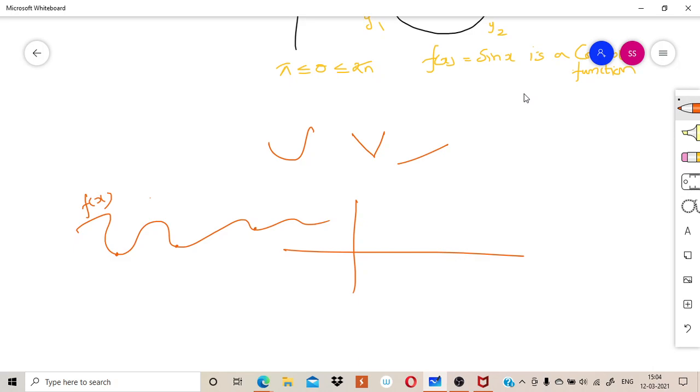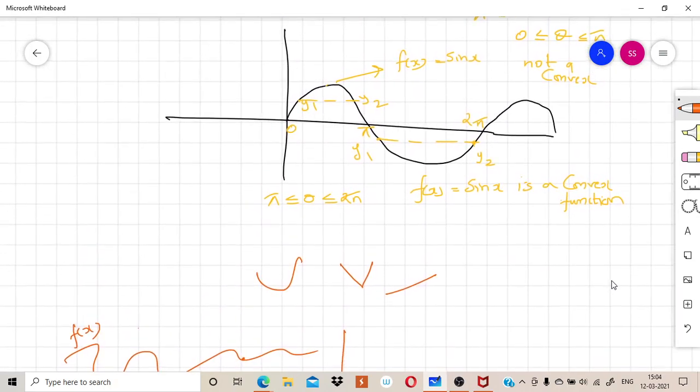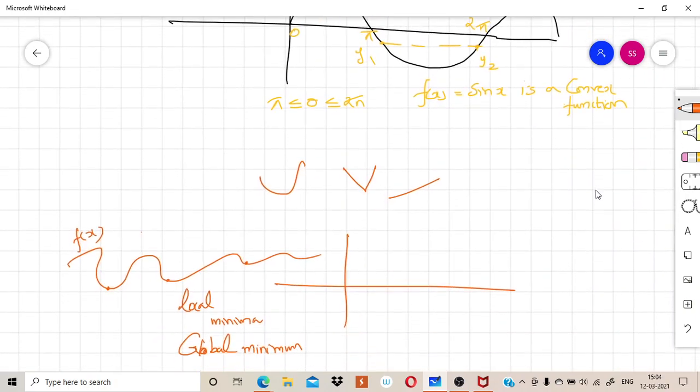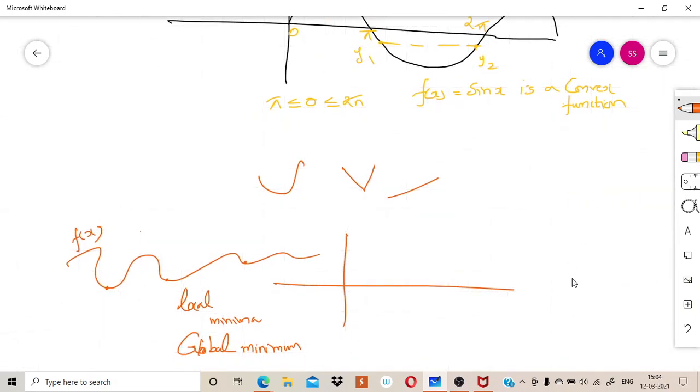These are all together known as the local minima. But the global minimum is the minimum of these local minima. If you apply that definition to a convex function, it has only a single local minimum, and that itself is its global minimum also.